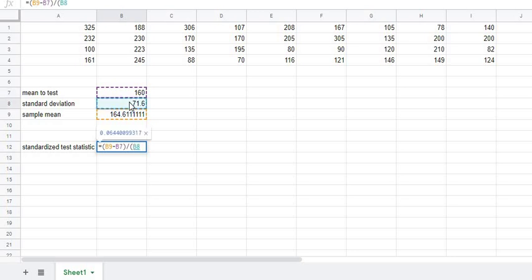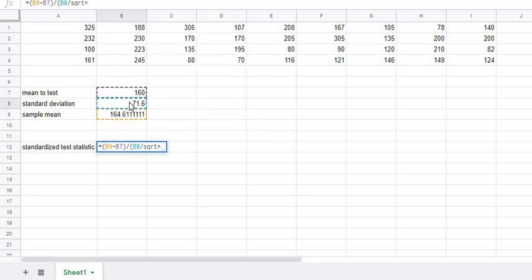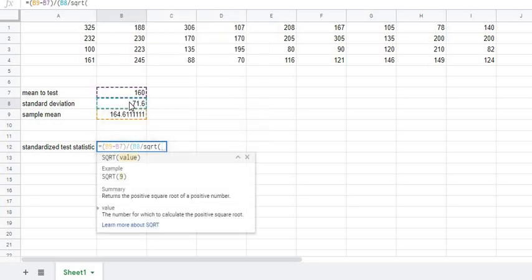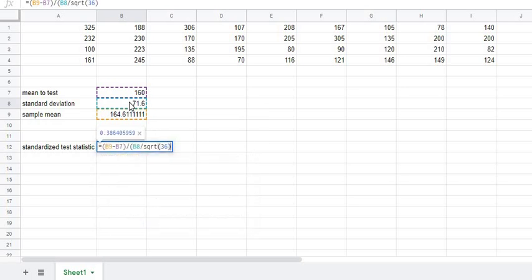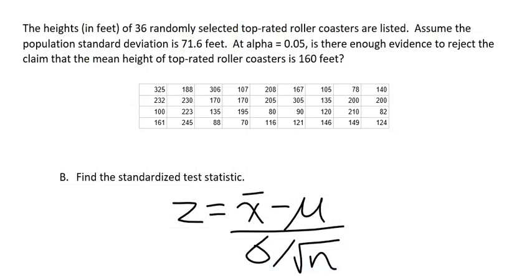Your standard deviation divided by the square root of your sample size, and your sample size here is 36. And then enter. Here I have my standardized test statistic. So using Google Sheets, we found that our test statistic is approximately equal to 0.39.